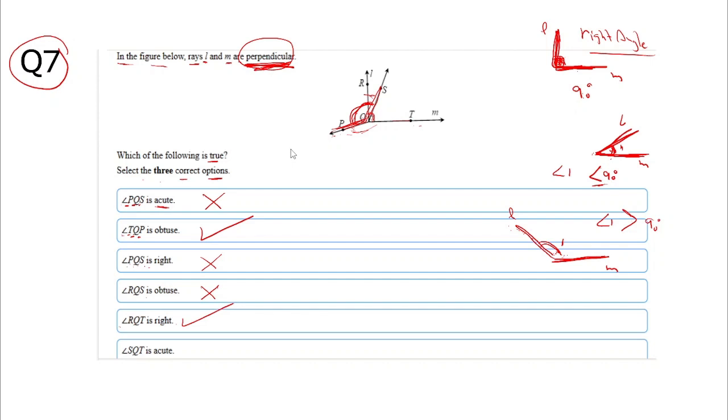Now, SQT. Same as this angle, which is an acute angle. That means this angle is acute. That means this option is correct. Okay? So let's move to question number 8.